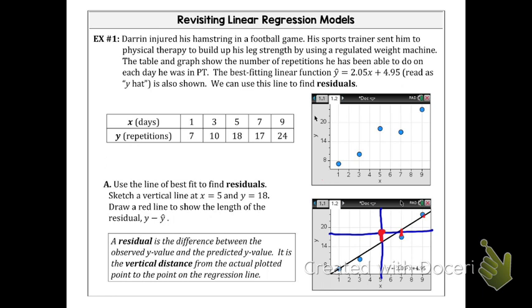So a residual is going to be the difference between the observed y value and the predicted y value. So it's the actual minus the predicted. It is a vertical distance from the actual plotted point to the point on the regression line.